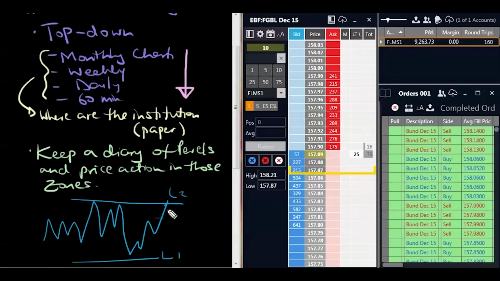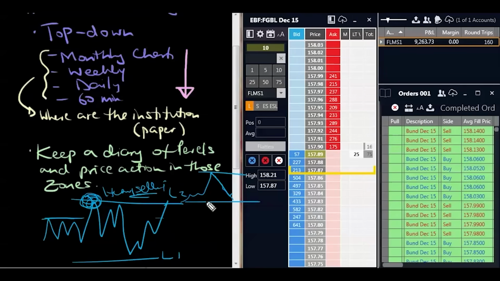But if I told you at this level we saw heavy selling, you'd be a lot more inclined to sell this level than to sell, for example, one of these levels in here, or any other level on a chart. Let's say we broke out here and there was another level over here. Not much selling, low volume, kind of just trickle down. Wasn't a lot of interest in that level. However, this level, for some reason, had a lot of selling.